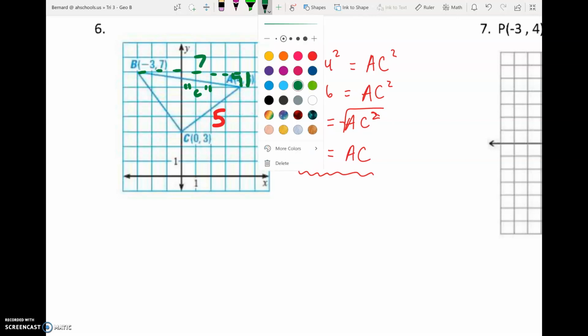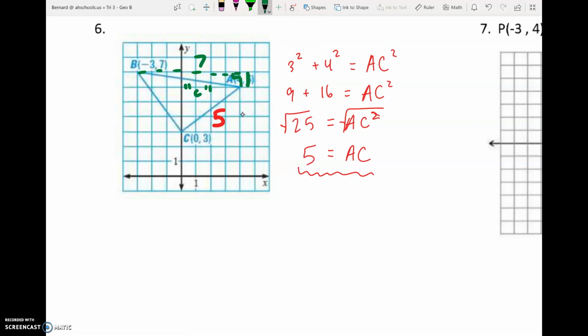And so for us to figure out this C, which is really this side from A to B, we need to do 7 squared plus 1 squared equals side AB squared. 7 squared is 49, 1 squared is 1. Add them together, we get 50. So then if we take the square root of 50, we'll get what side AB is. And the square root of 50 is roughly 7.07.